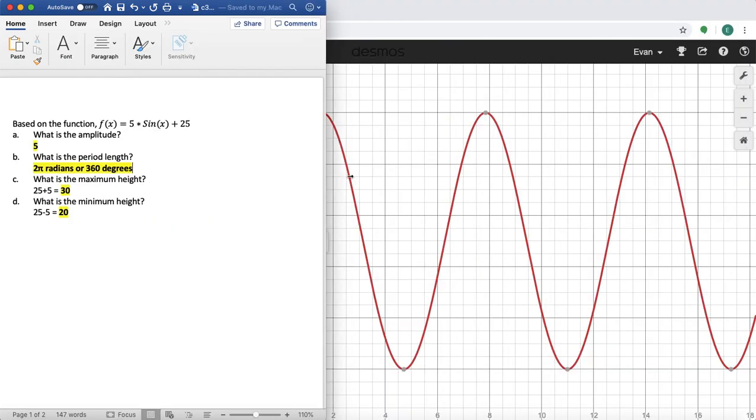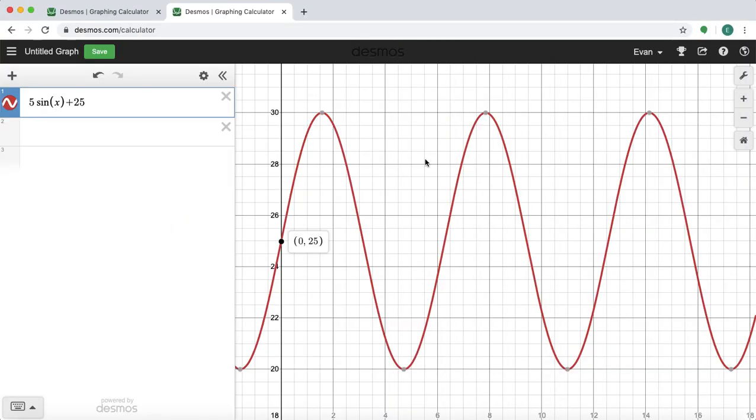Just so you can see that it's happening, this is the graph of it. We start at a height of 25, because that is where we are centered, and our amplitude is 5, so we're going to go 5 above 25 and 5 below 25. We start at 25, travel up to the point pi halves, comma 30, or 90 degrees, comma 30.